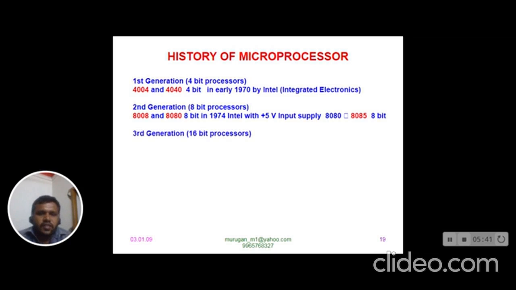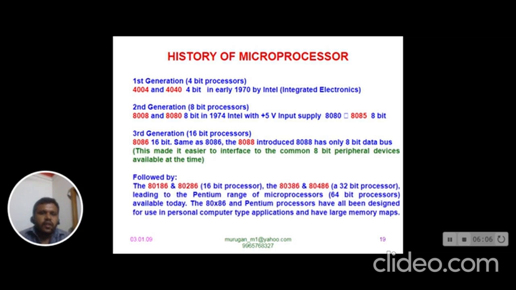Then the third generation is the 16-bit processor, that is 8086 and 8088, the 16-bit microprocessor for our basic applications.